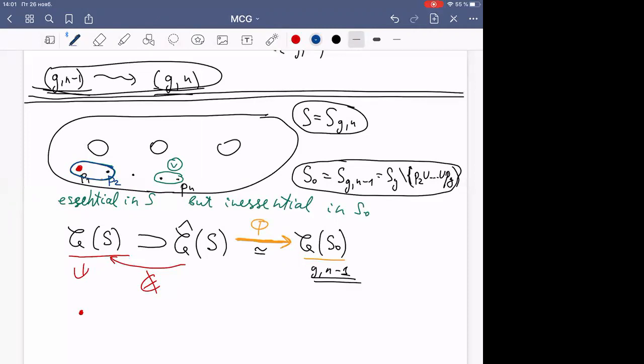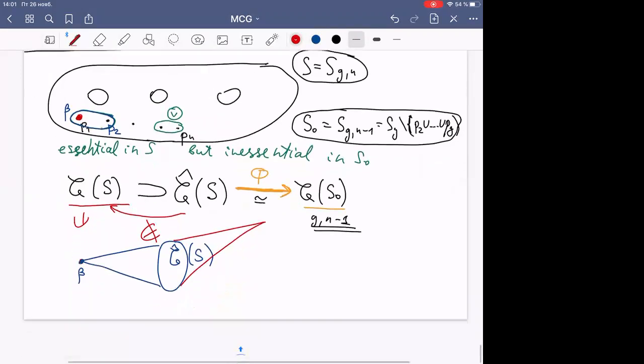So for each of such curves, let it be beta, we attach a cone over C hat of S with this vertex beta.